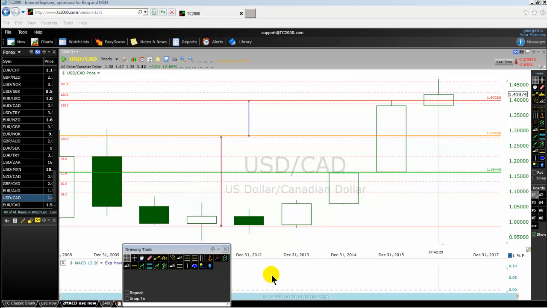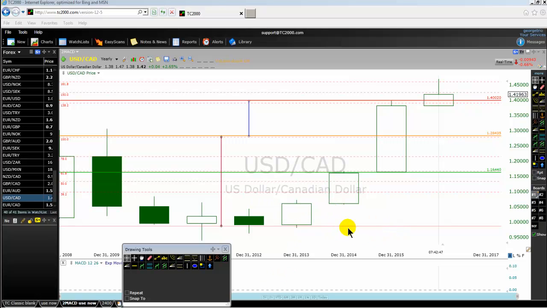As I explained to traders also, the price structure will determine the trading strategy that we will apply. The same thing we will do today when analyzing the US Canadian dollar. I will start from the yearly charts.